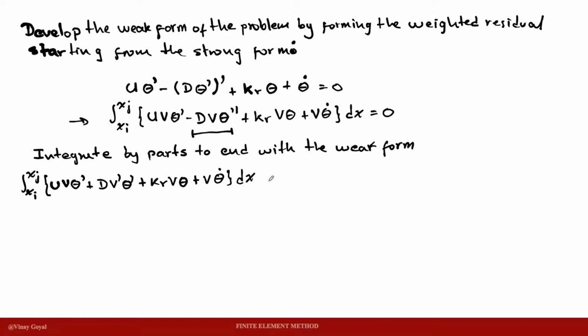What is left is to add the boundary terms. So we have v at xj. Let's call this boundary term q. So what is q? Q is D times theta prime. Let me finish this and I will make the notation then.